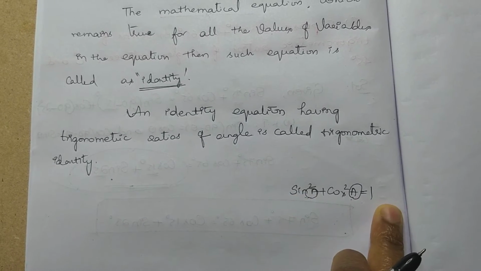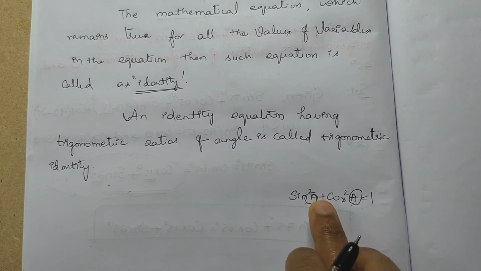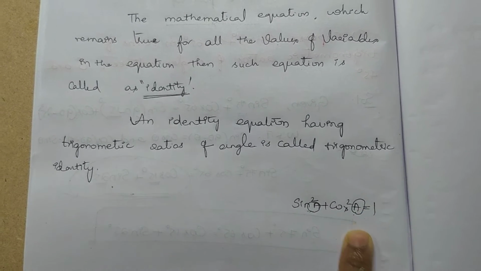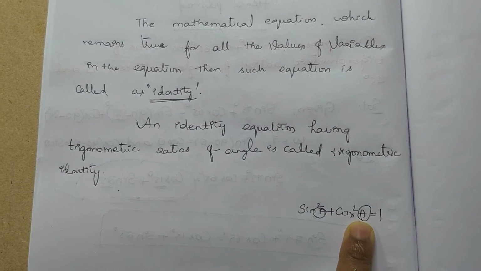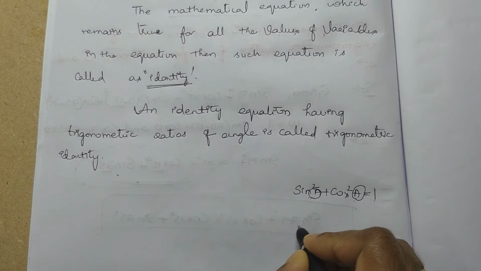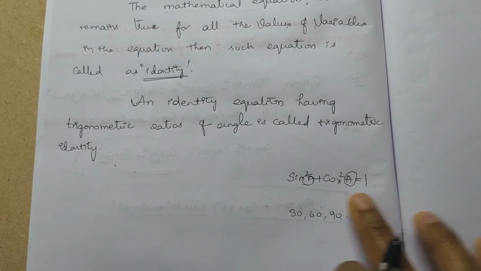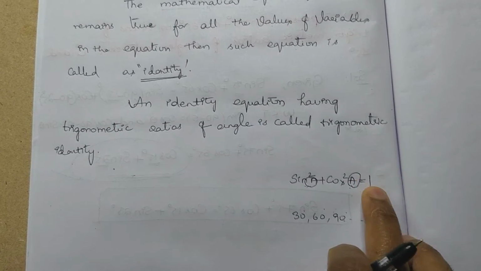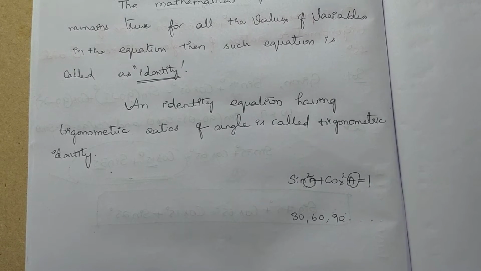This equation remains true for all the values of angles involved in the equation. So when you take your A value as 30, 60, 90, it's up to you. Whatever value of angle you take in the equation, you have to get the answer as 1. Then this equation is called a trigonometric identity.